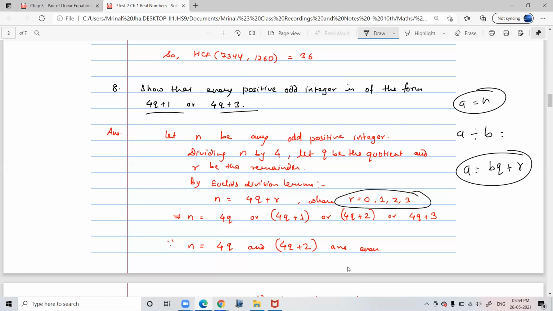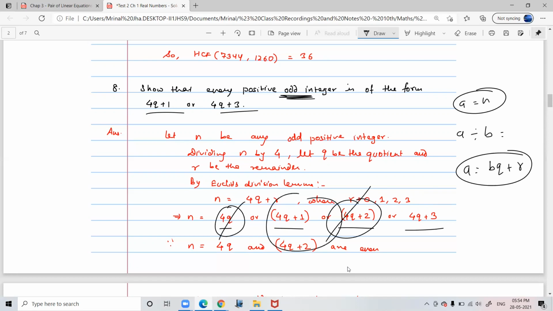I have to take all of them and then show why these 2 can be rejected, 0 and 2. So that's what I have done. I have taken all the 4, but I have rejected these 2 because these 2 are even numbers. But the question says the number has to be odd. So you have to show that you are rejecting these 2. That is why these are the only 2 possible ways in which odd numbers can be represented.